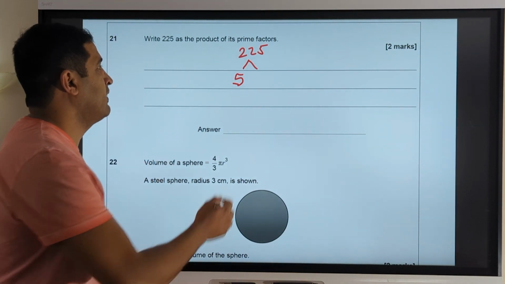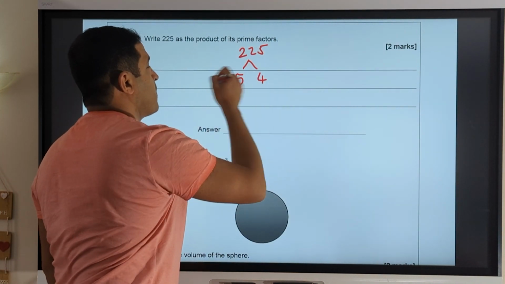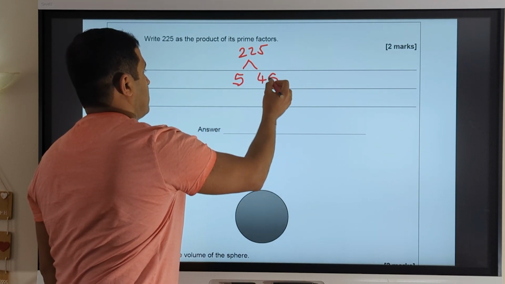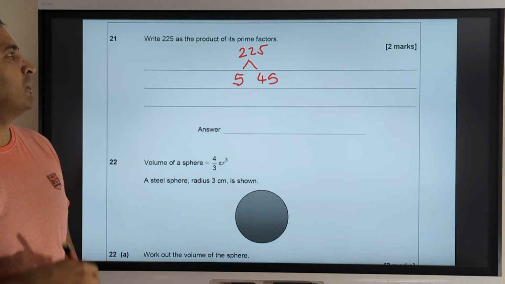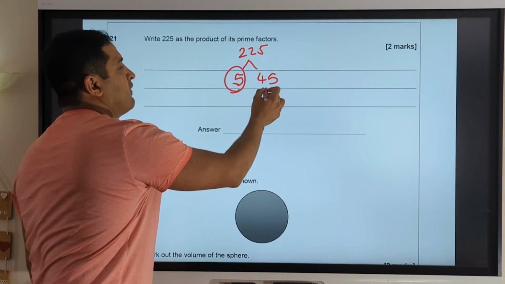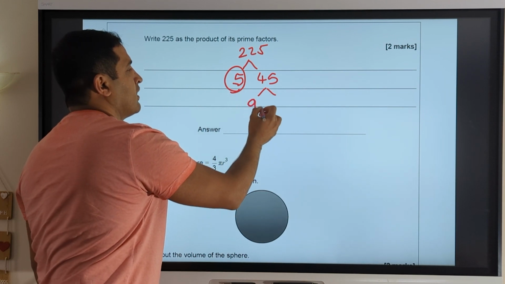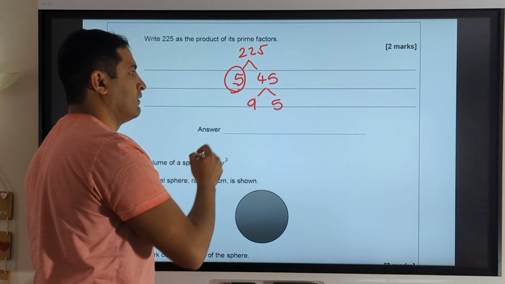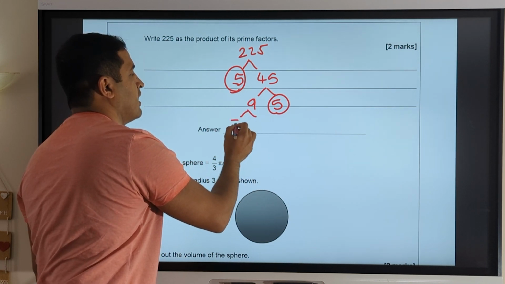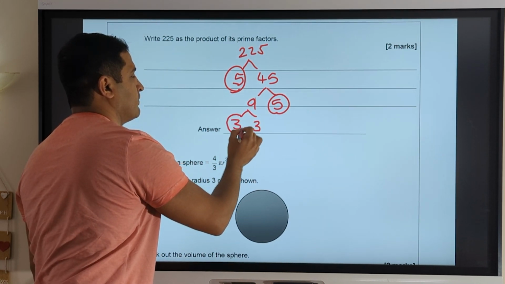225 divided by 5, I would have 45. 45 times 5 gives you 225. 5 is a prime number, 45 isn't, so split that: 9 times 5. Again, 5 is a prime number, 9 isn't, so you split that: 3 times 3.